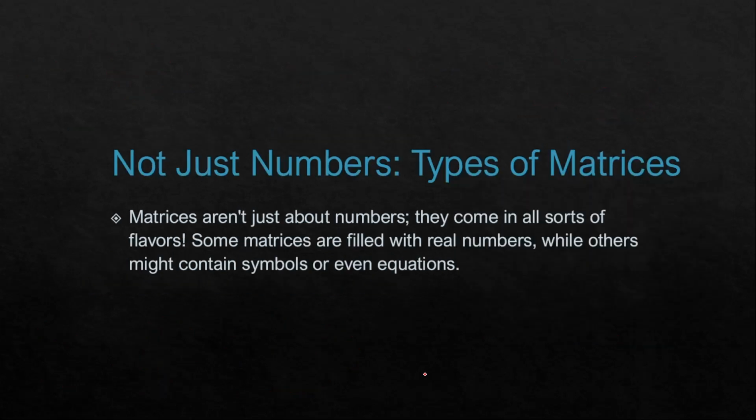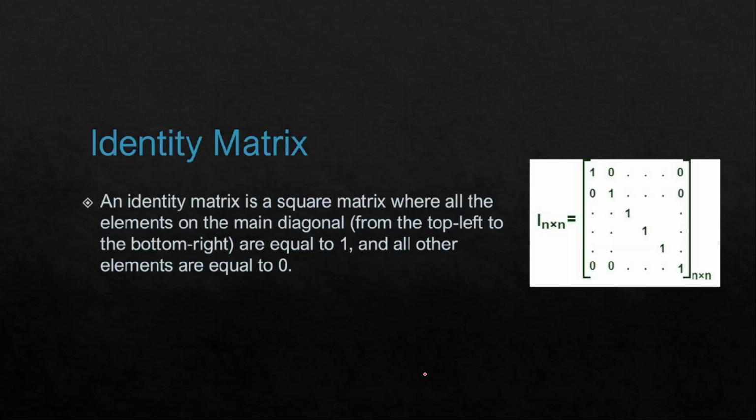You probably guessed already that matrices come in different shapes and sizes. There are also different types, like what kind of numbers there are and how they are arranged. Based on their arrangement, we can separate them into different types, for example, an identity matrix.